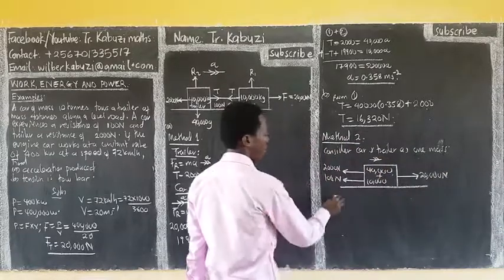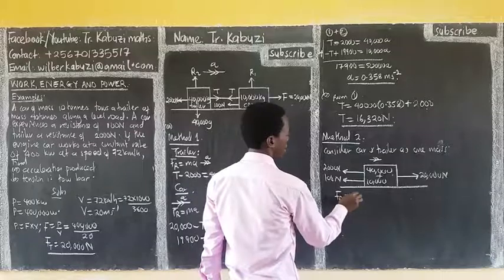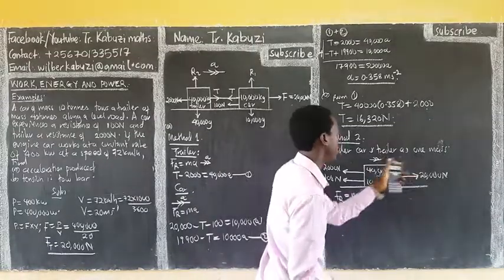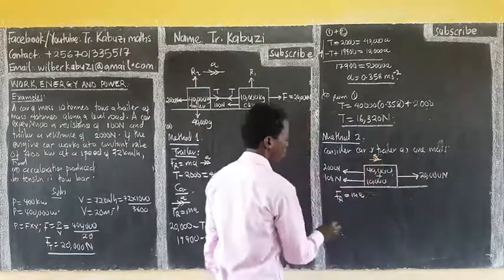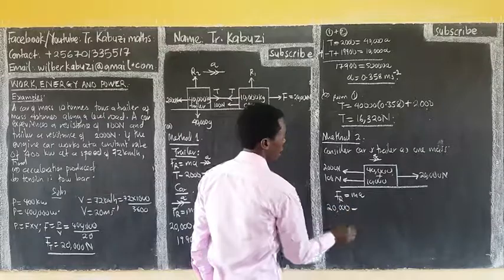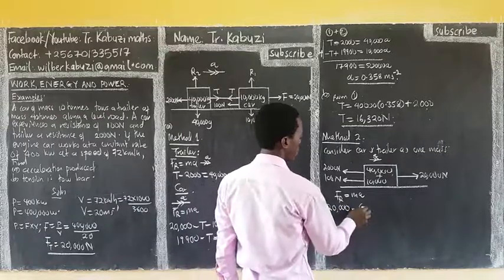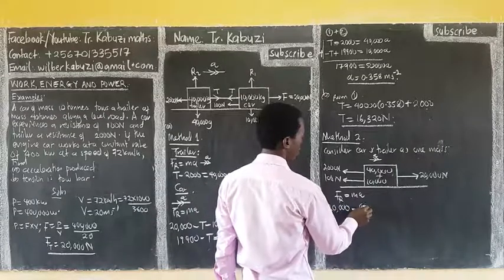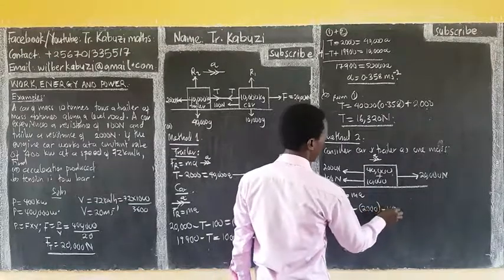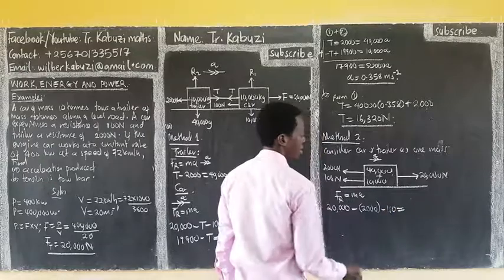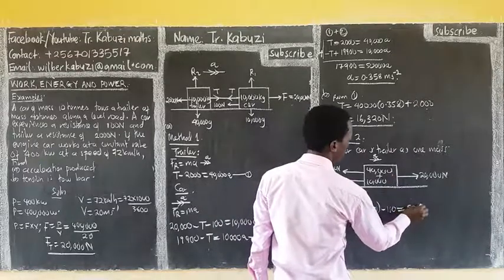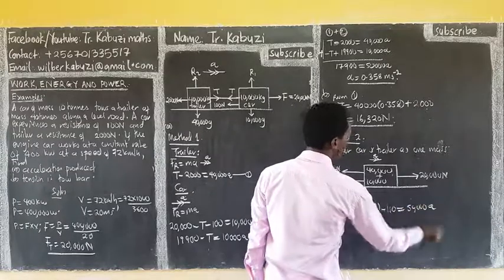So our resultant is equal to mass times acceleration. The resultant, in this direction of acceleration, would be 20,000, then minus 2,000, then minus 1,000 and 100, equal to the combined mass, which is 50,000, times the acceleration.